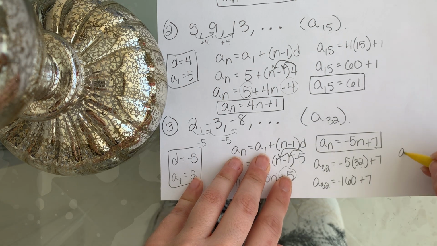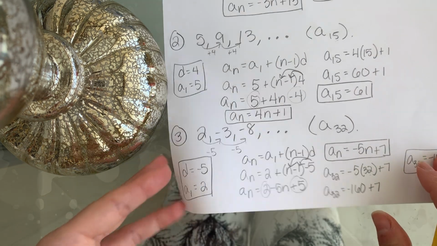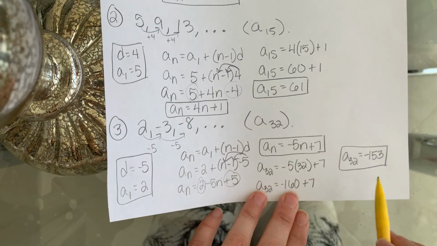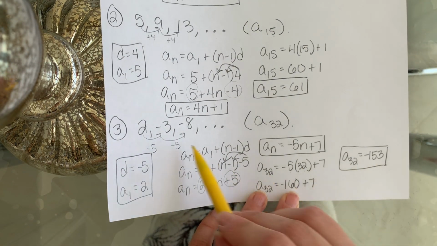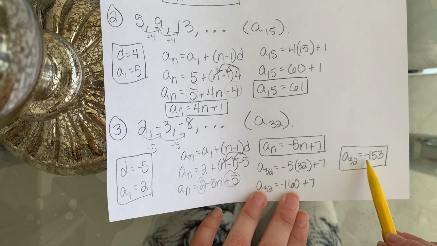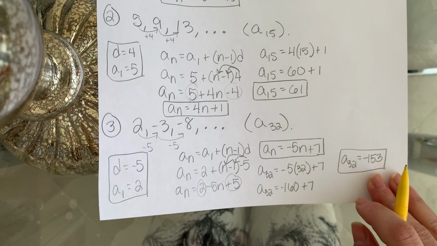And then we have a sub 32 equals negative 153. So the 32nd term of this sequence is negative 153. And that's it.